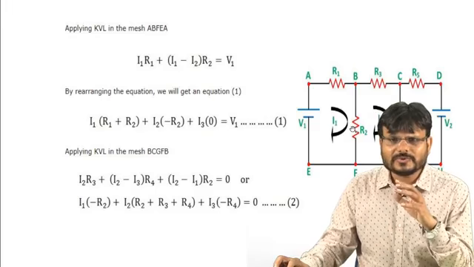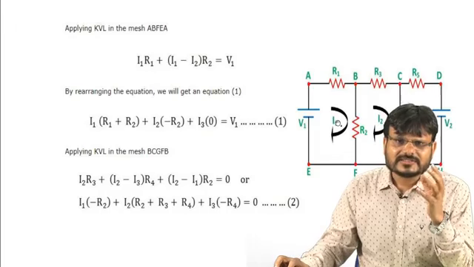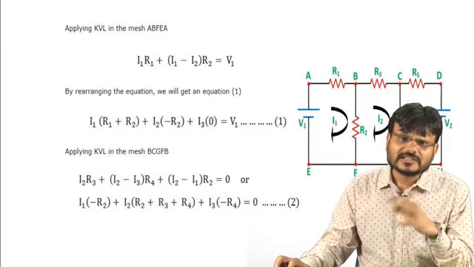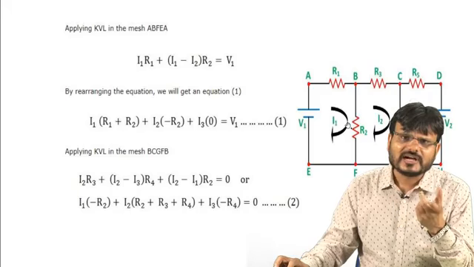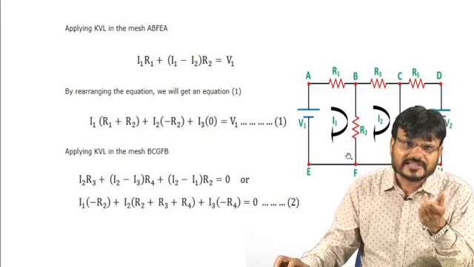What you have to take care of when calculating in mesh 1 is to assume that current I1 is higher than the other loop current. So the net current will be I1 minus I2, and this net current will flow in this direction.